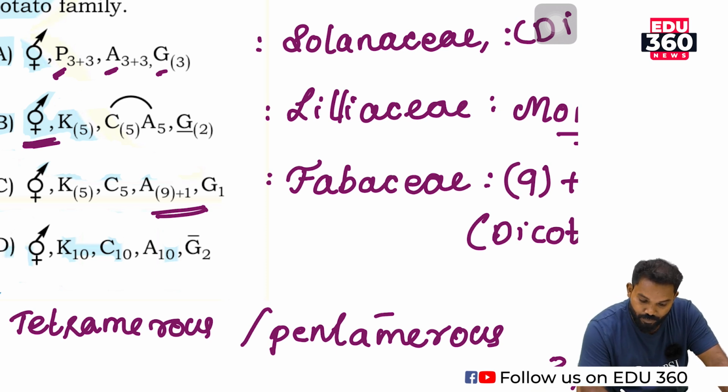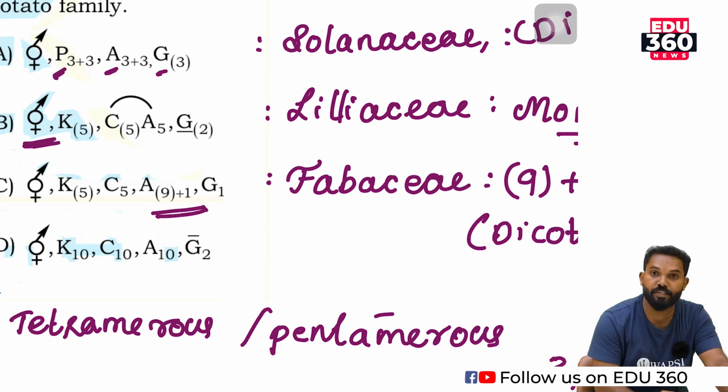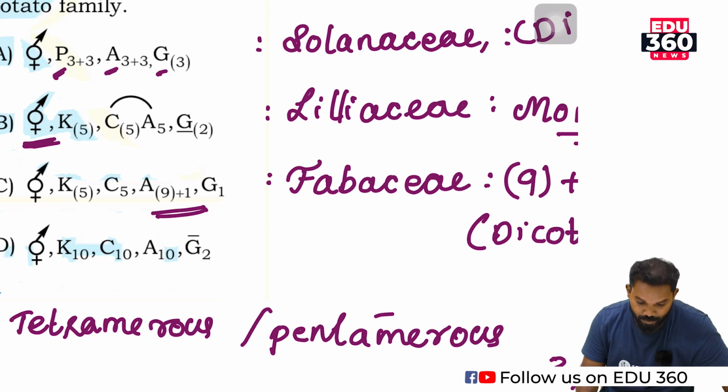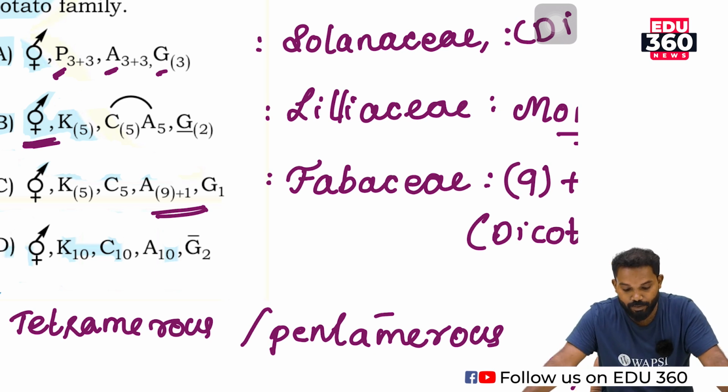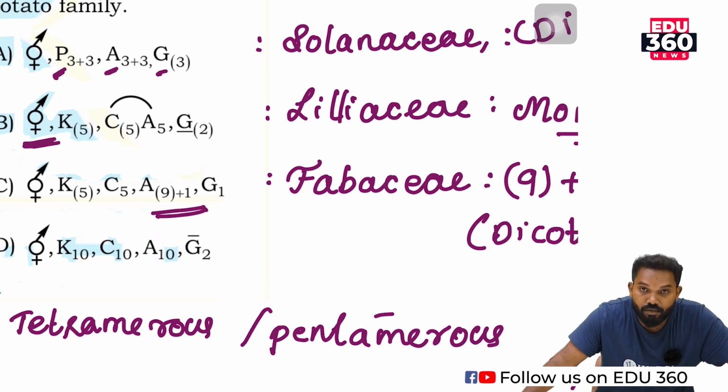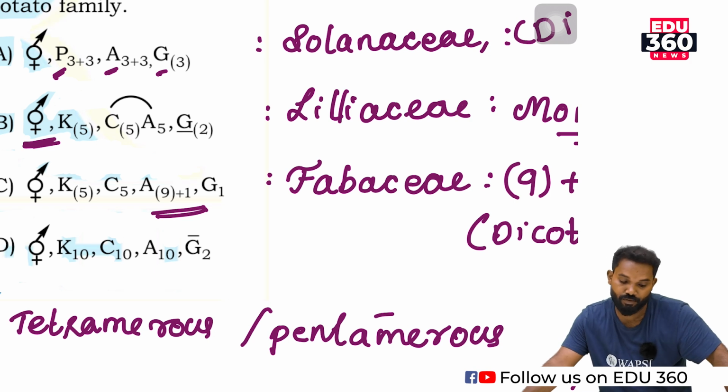The calyx contains 5 sepals and they are fused, that means gamosepalous. The corolla contains 5 petals, which are also gamopetalous. The androecium has 5 stamens attached to the corolla, so they are epipetalous. The gynoecium is bicarpellary, syncarpous and hypogynous.